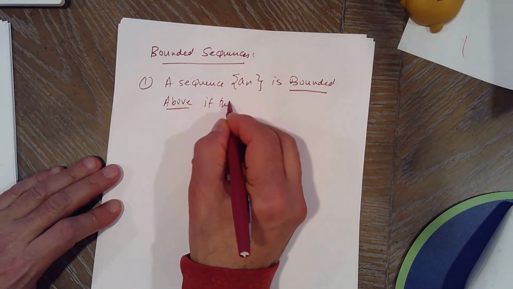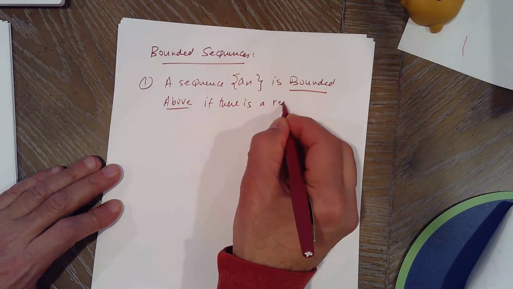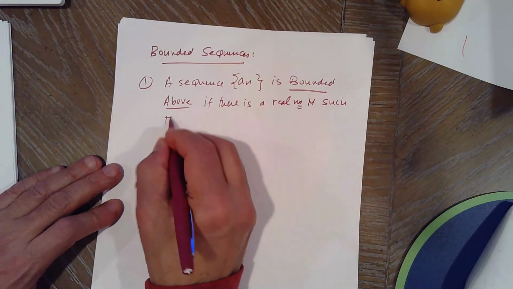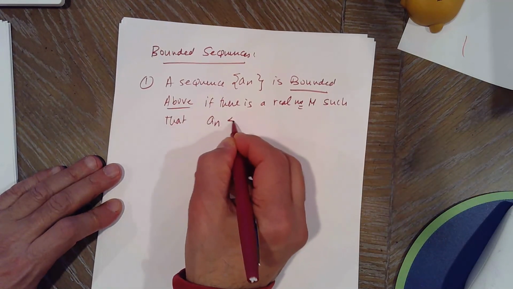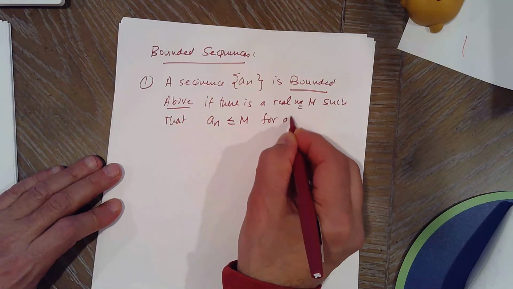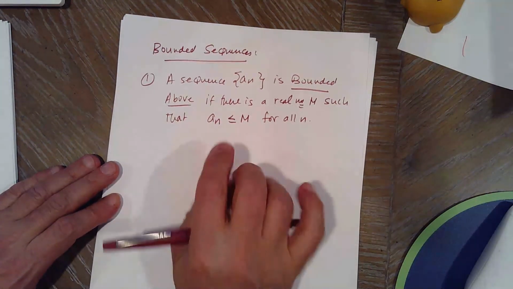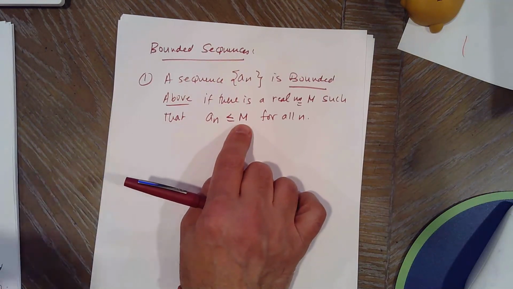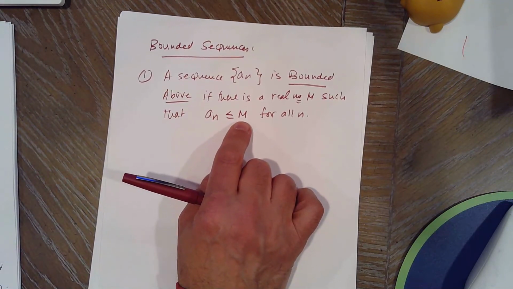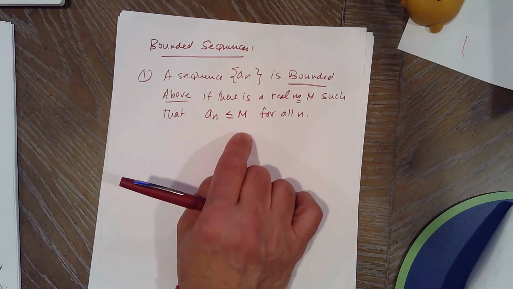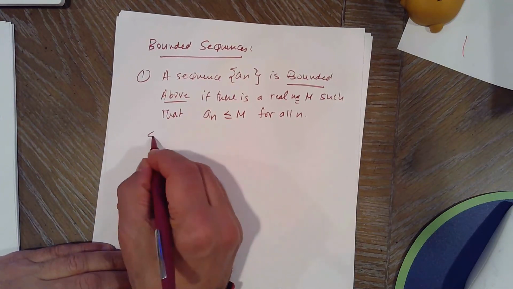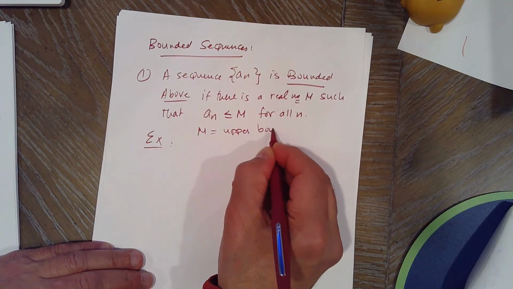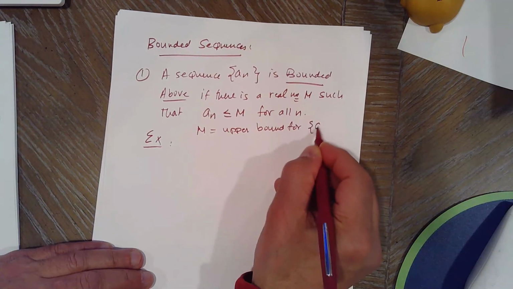If there is a real number m such that a_n is less or equal to m for all n. So basically, all the terms of the sequence have to be less than or equal to that number so that the sequence is bounded above. Okay, so it's like an upper limit for it, or upper bound. m is called upper bound for the sequence.